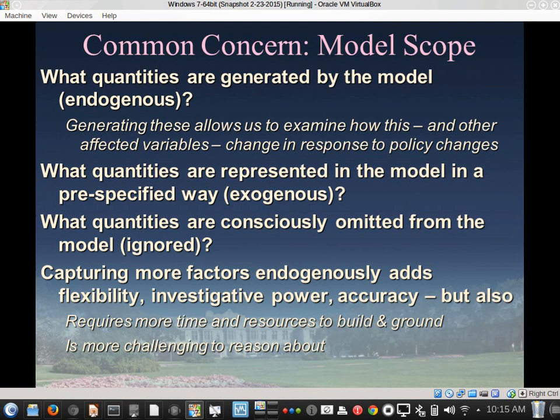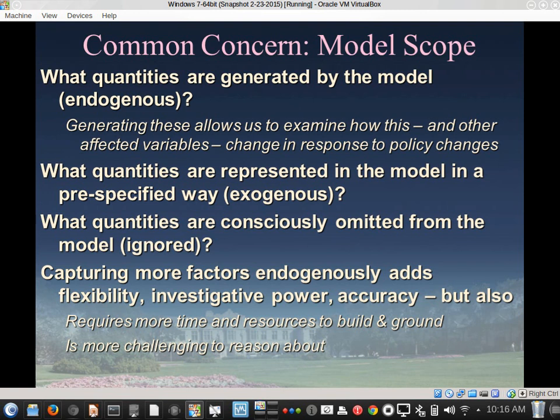So these things that are calculated by the model, we call endogenous things. These are things that the model is generating for us over time. There are exogenous things where we tell it, just use this certain assumption. It's pre-specified in the model. It's represented in the model, but it's represented in a fixed way. Fixed in the sense of pre-specified. It may be varying over time in a pre-specified way.